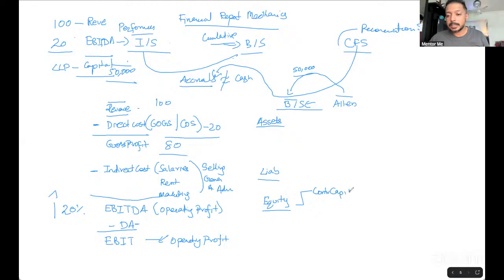That 50,000 that I spoke about is the contributed capital, right? Now, when you do business and generate more money, obviously some profits will come in the income statement and that will flow into the balance sheet. Great. What I wanted to discuss initially is depreciation.